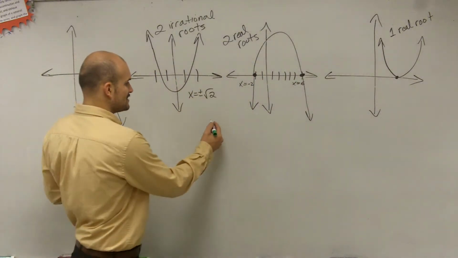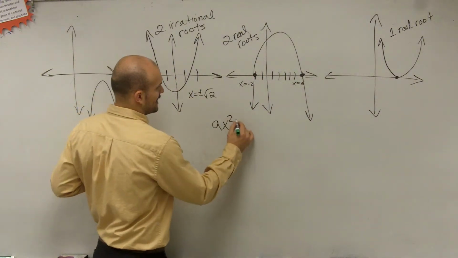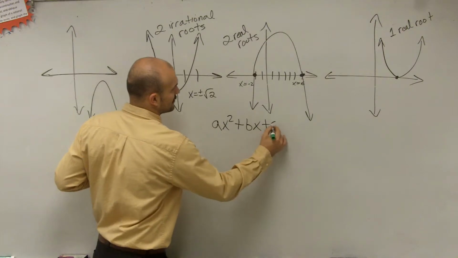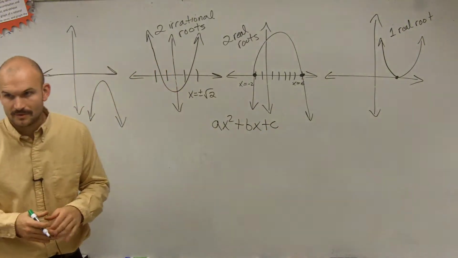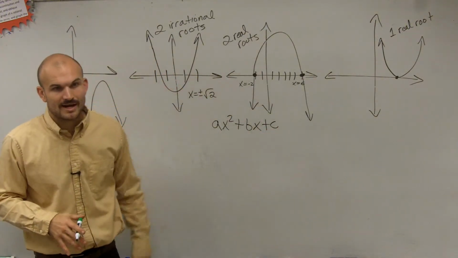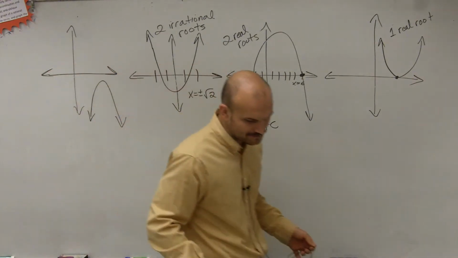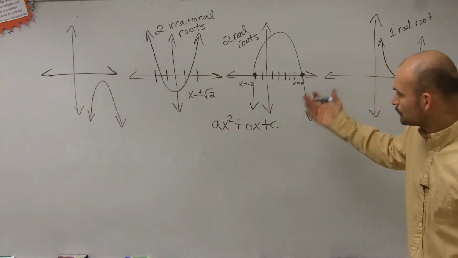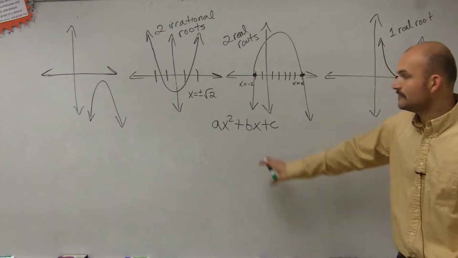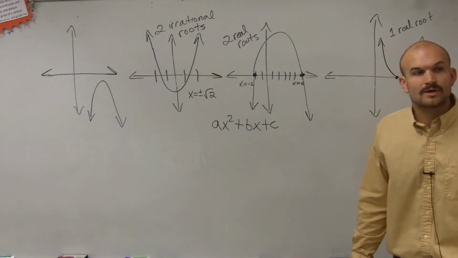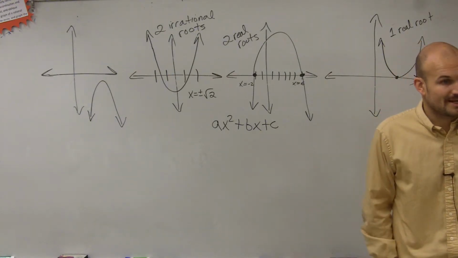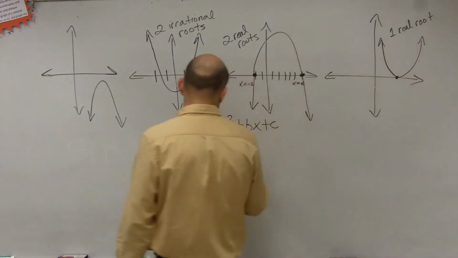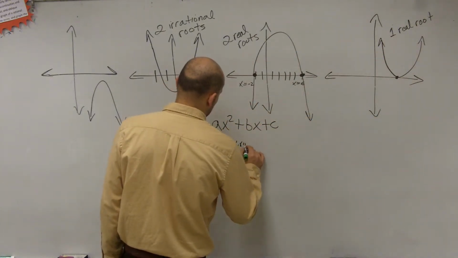So you guys need to remember your ax squared plus bx plus c. That's whenever you have a quadratic expression here. It's not an equation or a function. But if you have your quadratic, what we're going to call the discriminant, you're going to want to write this down.